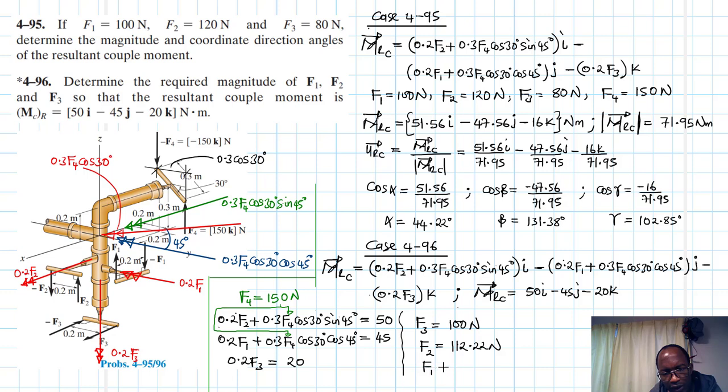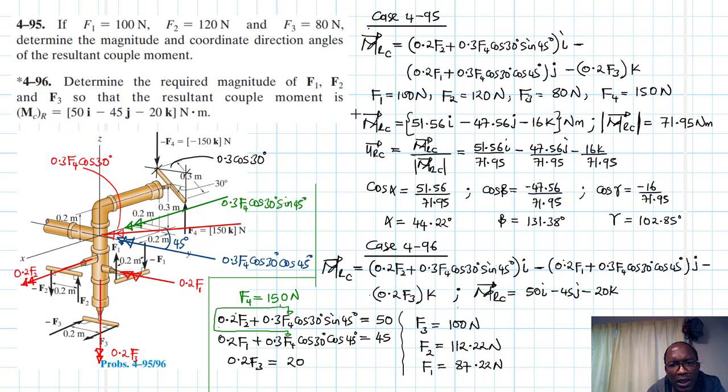And then F1 finally is 45 minus 0.3 times 150 cos 30 cos 45, divided by 0.2, which gives 87.22. Let me just repeat it: 45 minus 0.3 times 150 cos 30 cos 45 divided by 0.2 is 87.22. Great, so I think we are done.